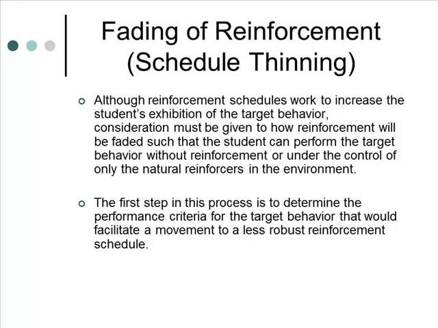A teacher who is interested in reinforcing and thinning that reinforcement schedule might use that goal as her benchmark to move down the reinforcement schedule. So let's look at the next slide and we'll talk about how this example might come into play.